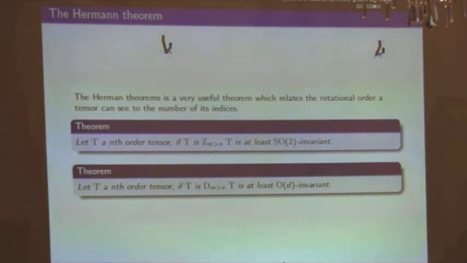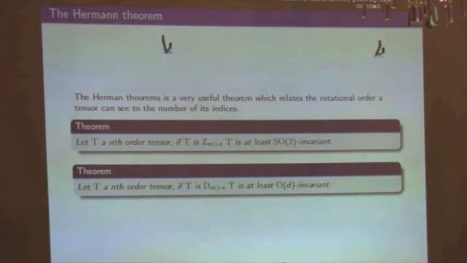And what is contained in the first theorem, the other is just a corollary. If you have more rotations than legs of your tensor, you must be at least transverse isotropic. That's what stands for elasticity.